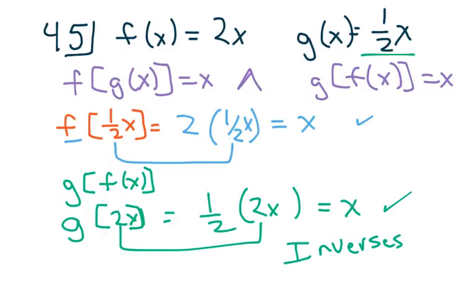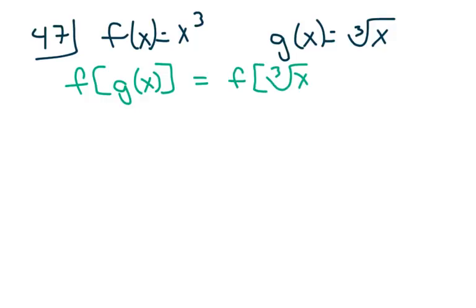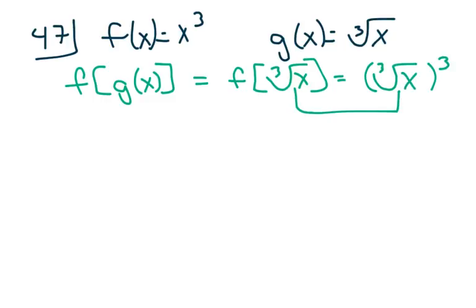Alright, next. Same thing here. We're going to compose f with g of x. So we're going to compose f with the cube root of x, which equals f is x cubed, and we're just going to put this inside, which is cube root of x.